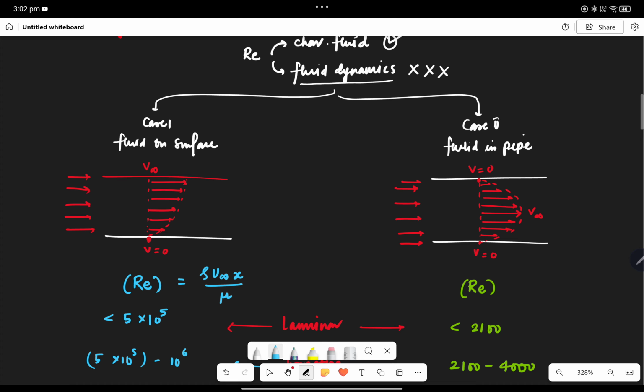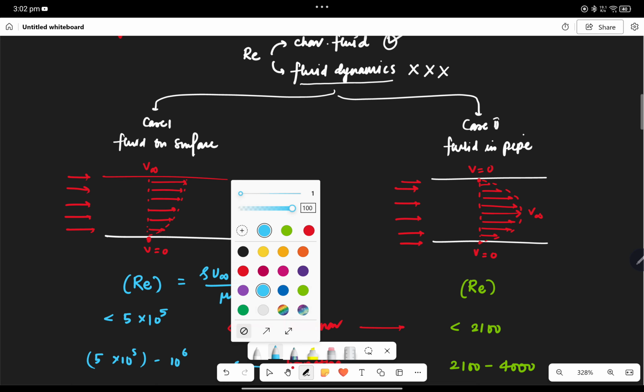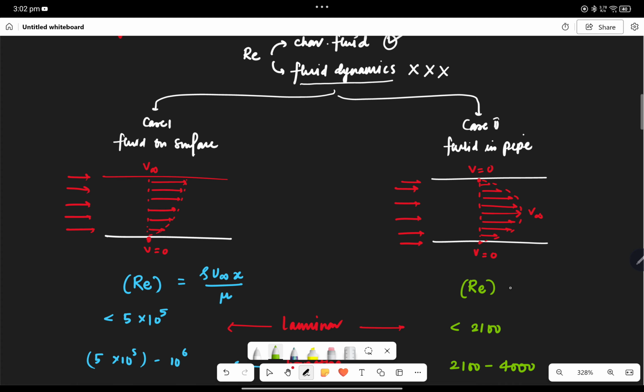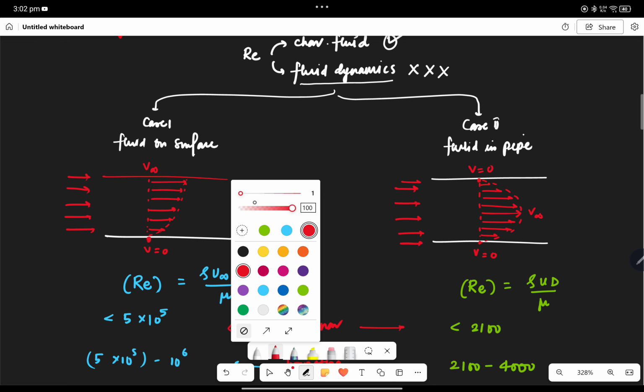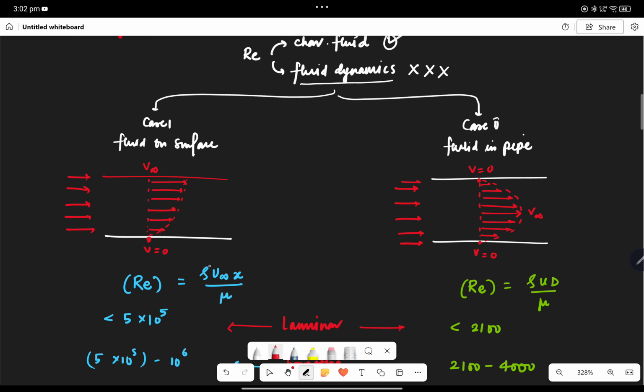Okay, you are going to get this here. And for this Reynolds number, you are going to get the formula rho u d by mu. So rho and mu are common. Then why do we get a difference here, in u, and here it is x, here it is u and d?